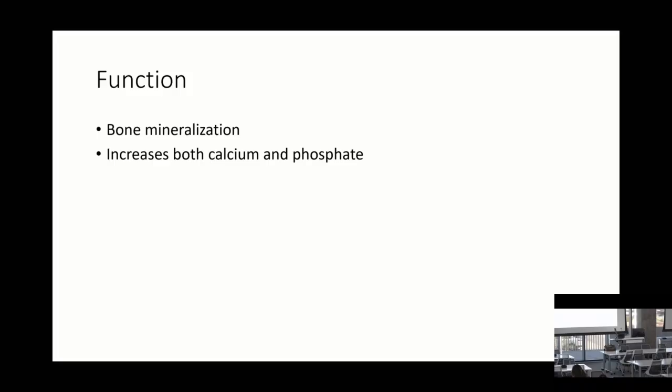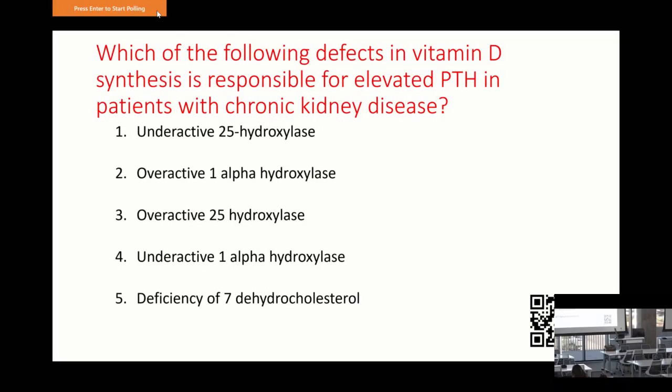Okay. We'll do audience participation again. So you can scan the QR code. Which of the following defects in vitamin D synthesis is responsible for elevated PTH in patients with chronic kidney disease?